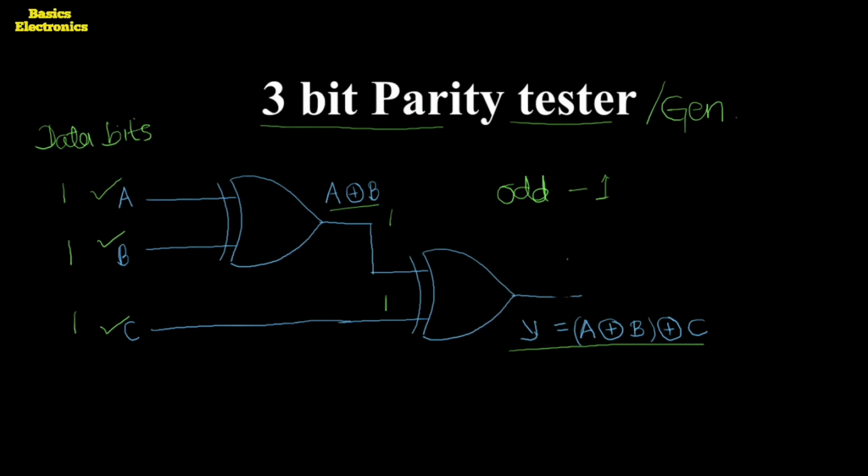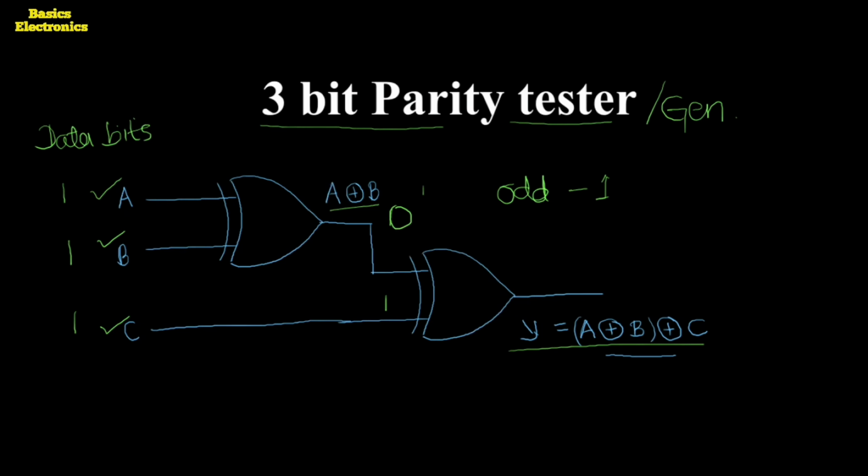But how do we get that output equal to 1? We get it because the first XOR gate produces a low output, since its inputs are the same. Then different inputs are applied to the second XOR gate, so it produces the high output.